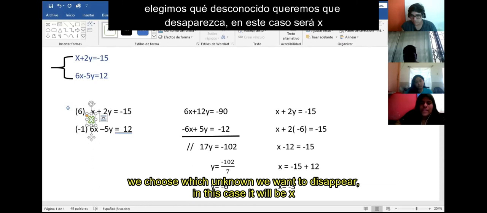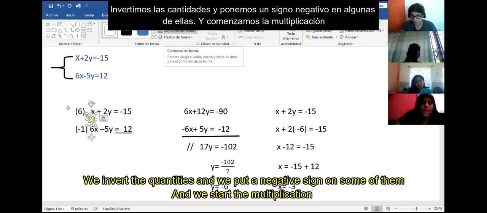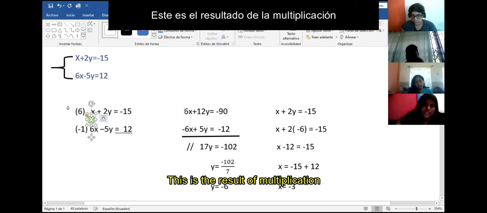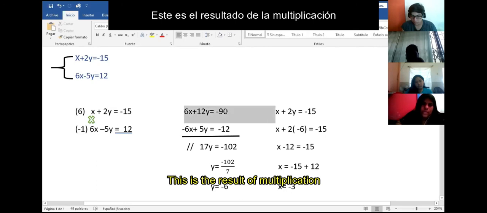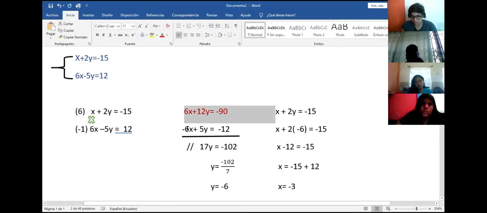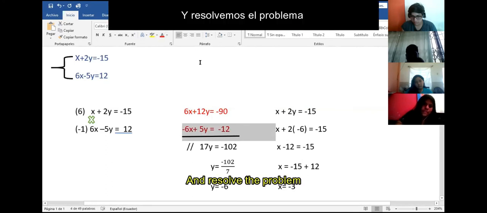We choose which unknown we want to disappear. In this case, it will be x. We invert the quantities and we put a negative sign on some of them. We start the multiplication. This is the result of the multiplication, and we resolve the problem.